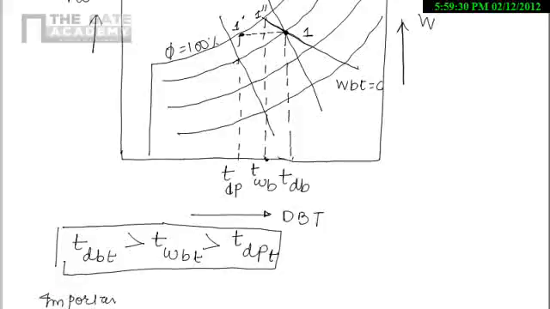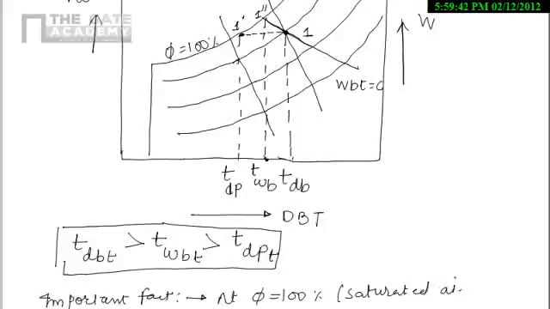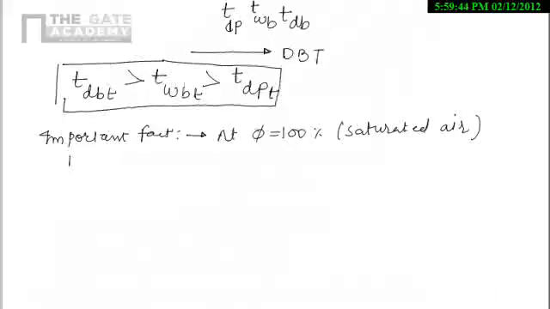I'm writing important fact here. At phi equals to 100%, means for saturated air, dry bulb temperature equals to wet bulb temperature equals to dew point temperature.